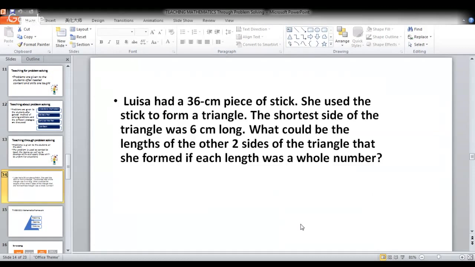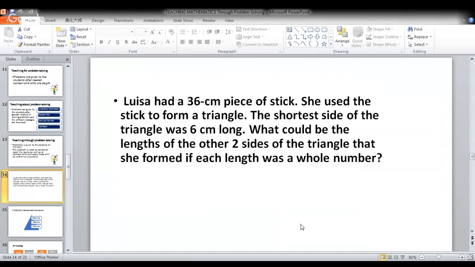I guess they have the same answer. But Mark has an expression, right? Interesting. You have 2x minus x is equal to 36. That's interesting.